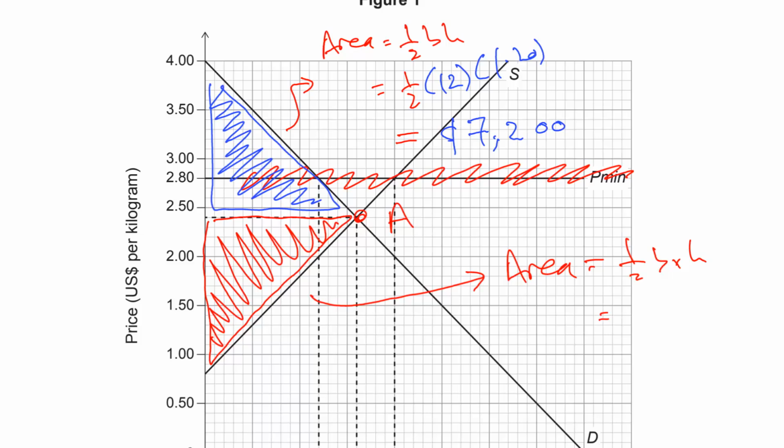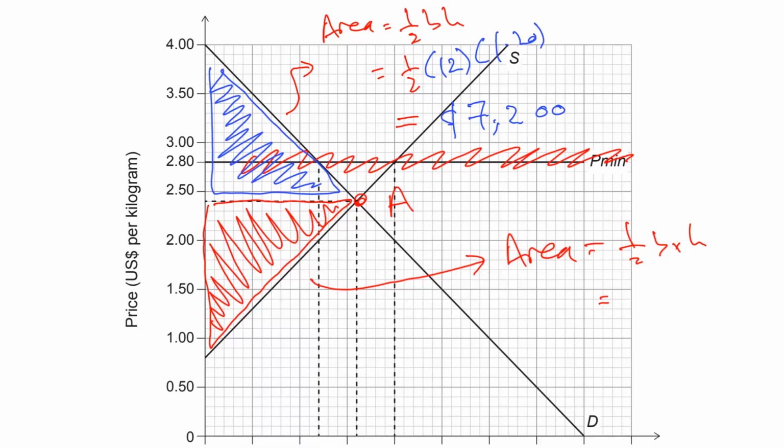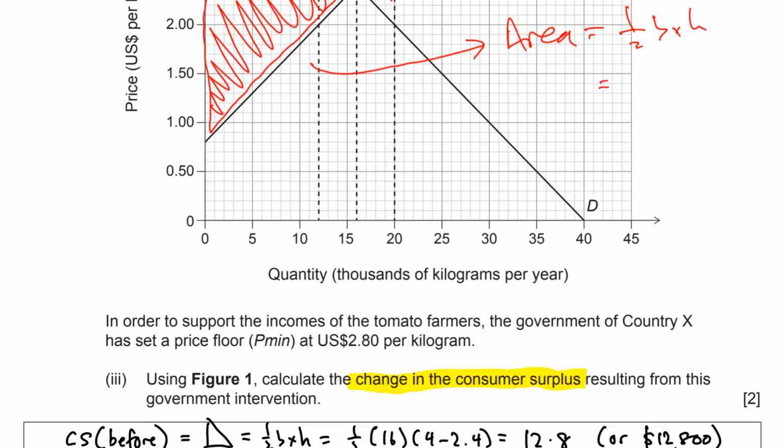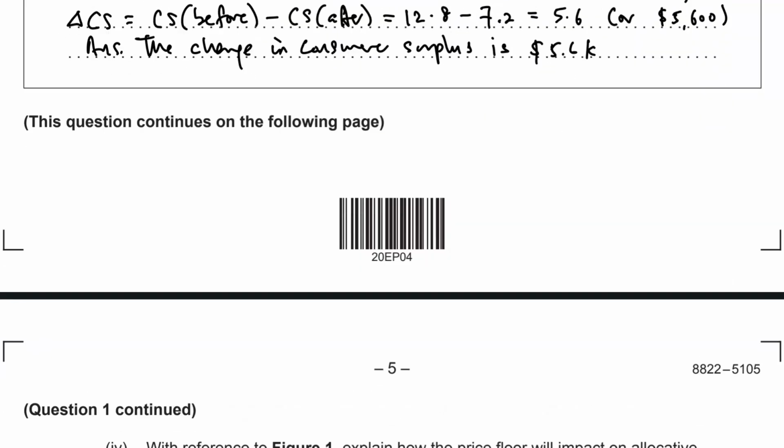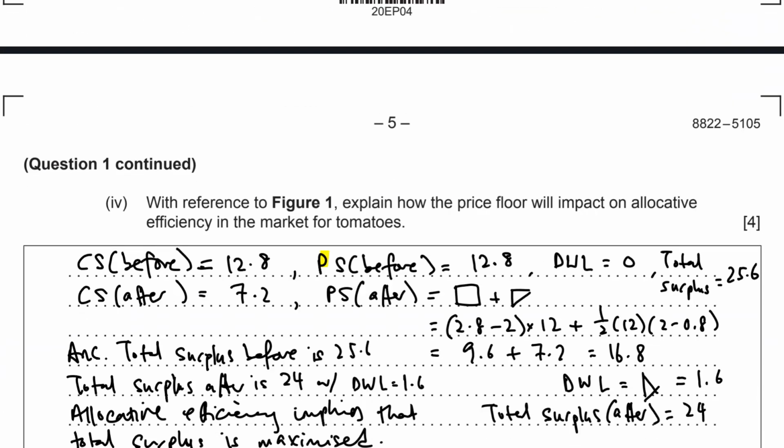We can copy the consumer surplus before, which is 12,008, and put it over here as the producer surplus before, which is 12,008.